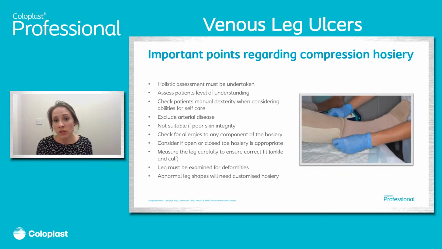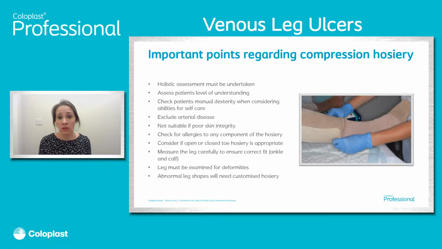So important points to consider with compression hosiery is that the holistic assessment must have been undertaken, and we need to have assessed somebody's ABPI result and make sure that they are appropriate for the level of compression that we're selecting for this person.